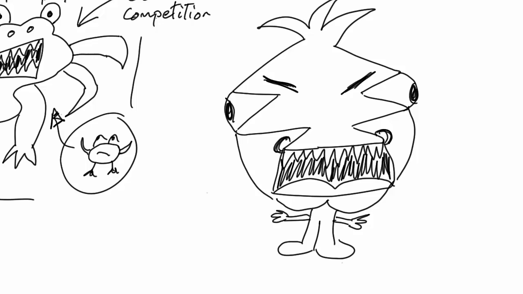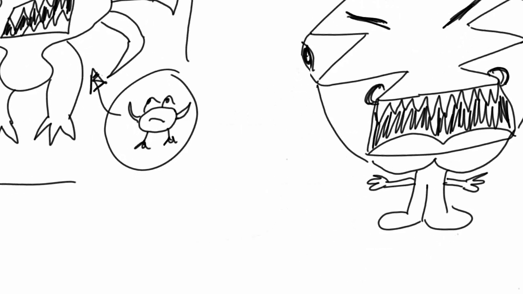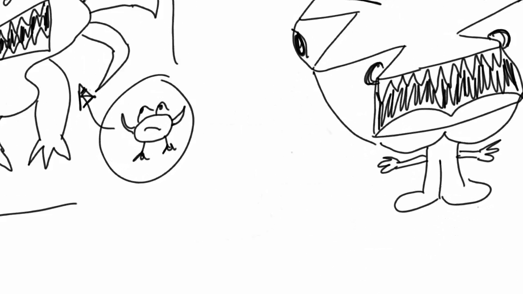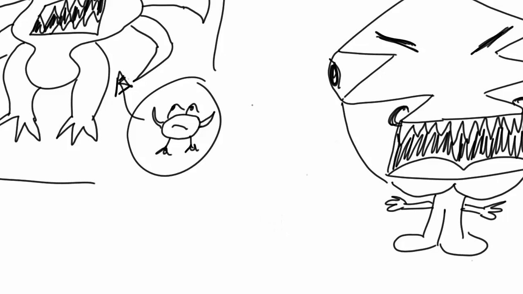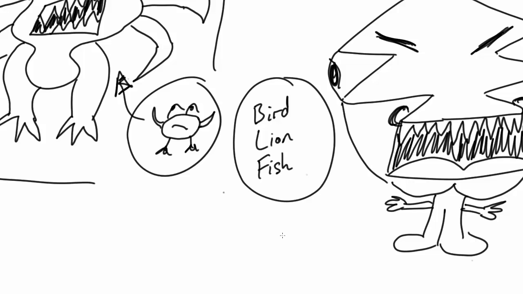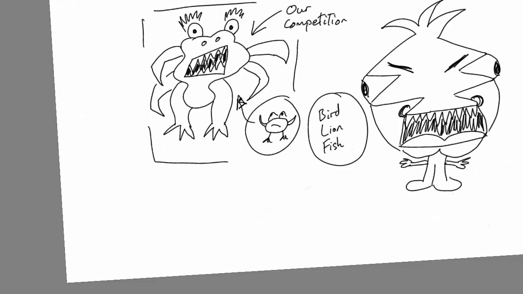And I think another key to different monsters is thinking of, okay, how about I combine a bird, a lion, and a fish together into one sort of big doodle.